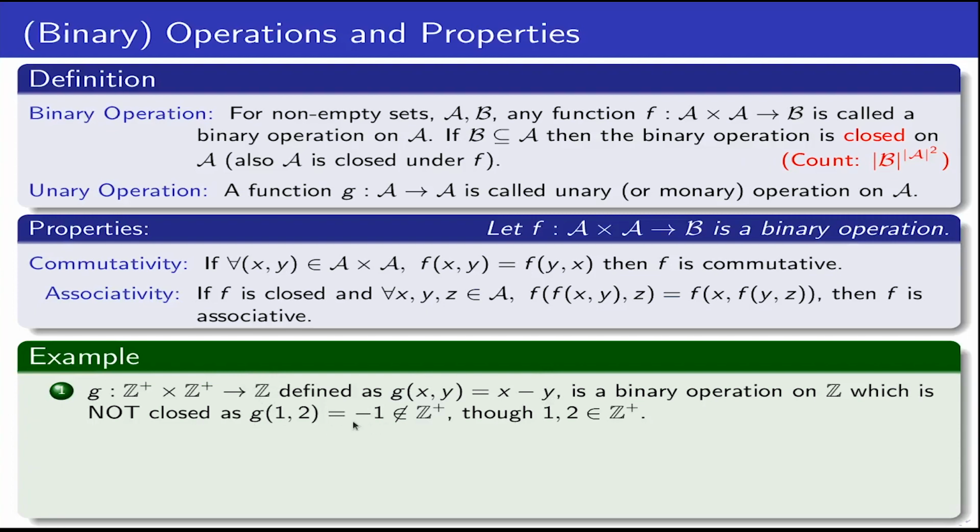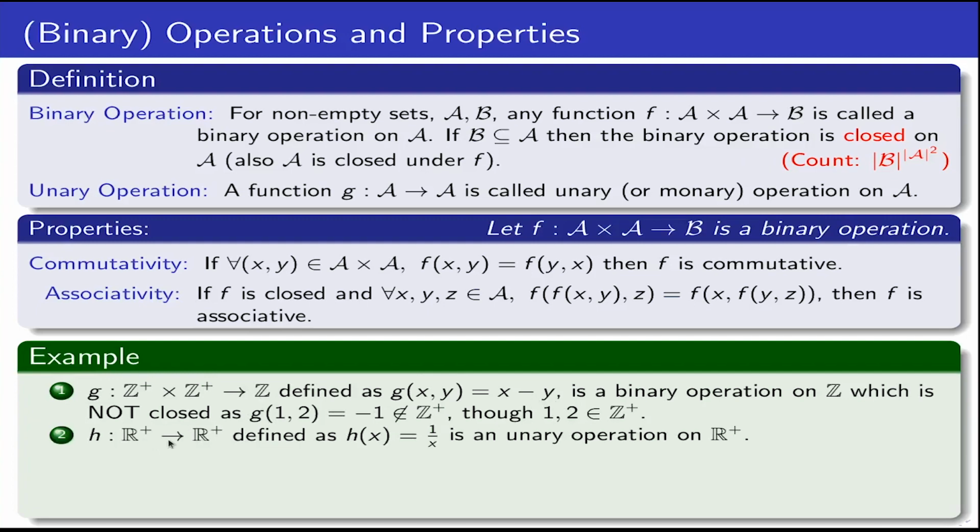So this function is a valid function. However, to have closure, I need B to be a subset of A. That means I need the answer to be in Z plus, which is not the case here. That's why this is not a closed binary operation.